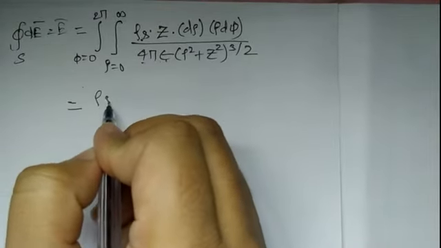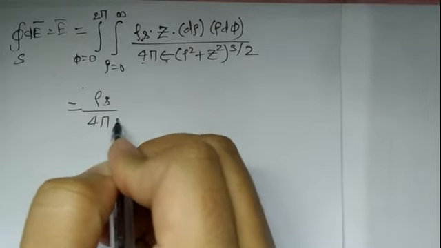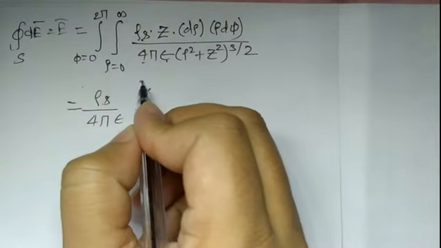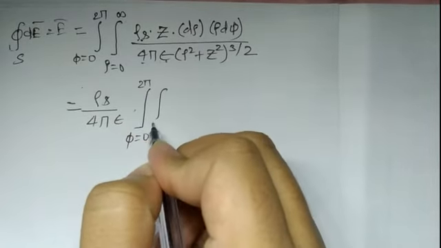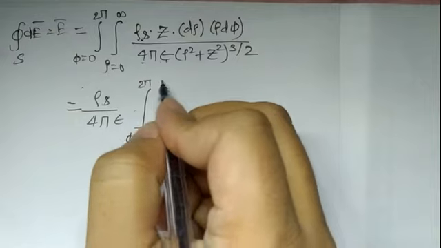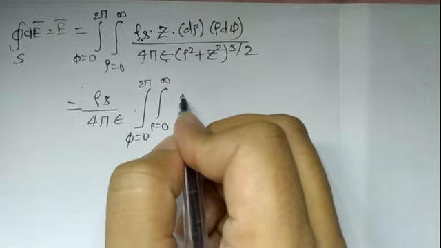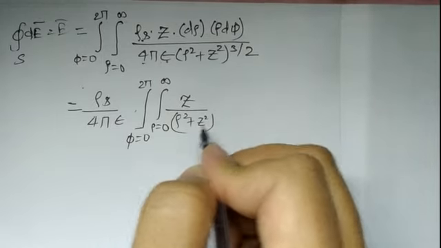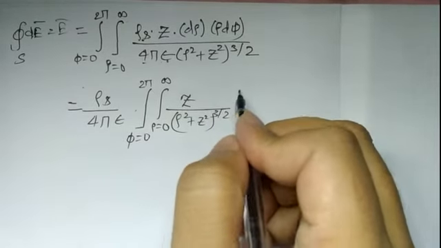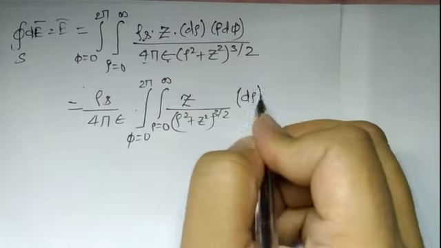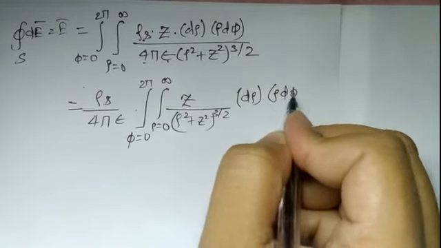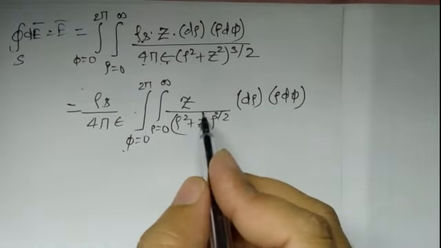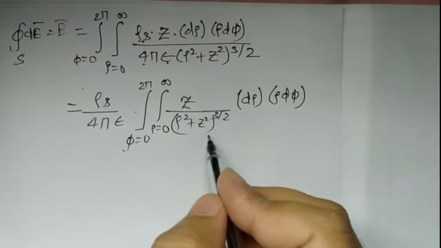So ρs upon 4π epsilon, φ equals 0 to 2π, ρ equals 0 to infinity, leaving behind z divided by (ρ square plus z square) raised to the power 3 by 2, times dρ times ρ dφ. Are you getting the things clear? Now we have to solve this integration.